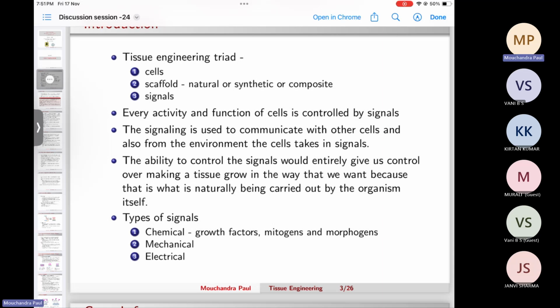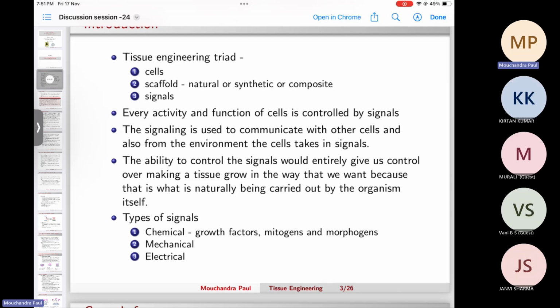So there are different types of signals available to us. There are the chemical signals, which we know: the growth factors, then the mitogens, morphogens. Mitogens are basically molecules that initiate cell division, and morphogens are those molecules that are released during tissue development. Okay.